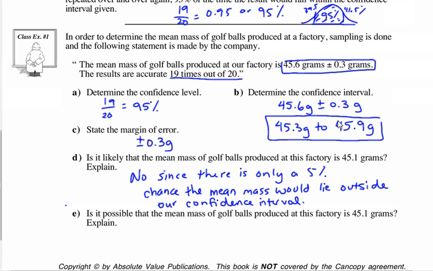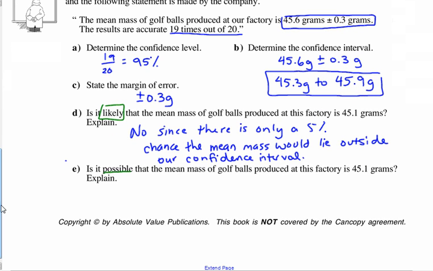Notice the difference between is it likely and is it possible. Is it possible? Yes, it's possible, there's a 5% chance. So it's outside our range, but yes, it's possible. Is it probable? No. Okay, so next page.